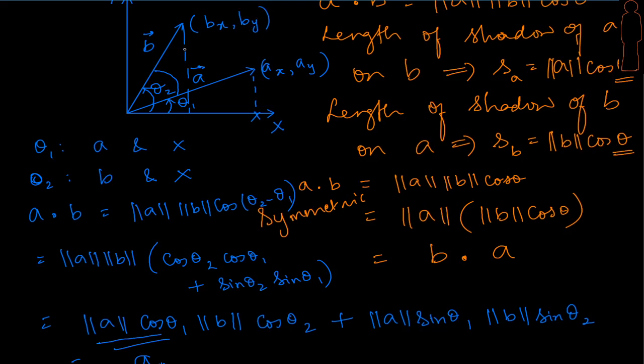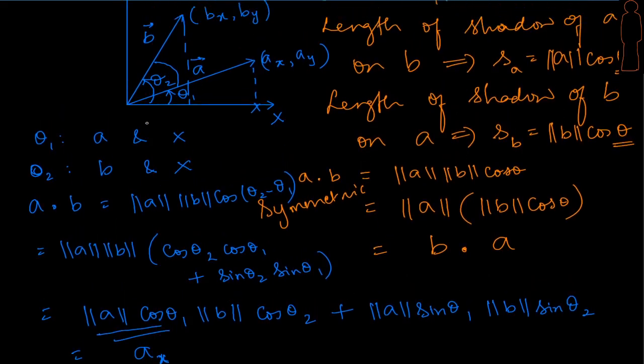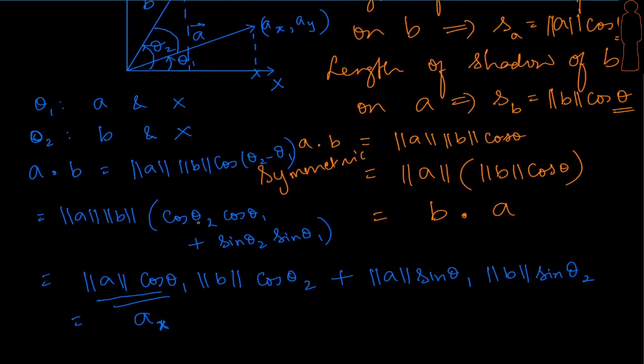We are looking at cos theta 2, which is the shadow of B divided by the hypotenuse. We are multiplying that by the hypotenuse, the length of B. Therefore you get the length of this part here, and that part is actually Bx, is it not? So this part is going to be Bx.